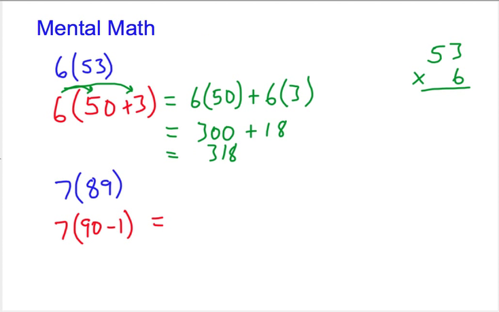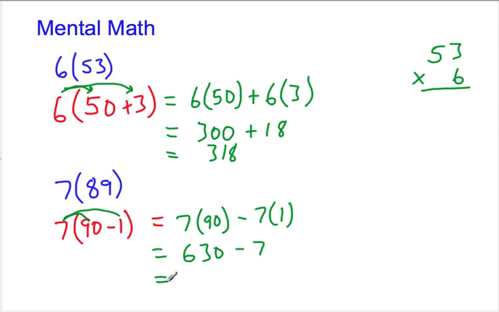So we do the 7 times 90 first, minus the 7 times 1, and we'll get 630 minus 7, which is 623.